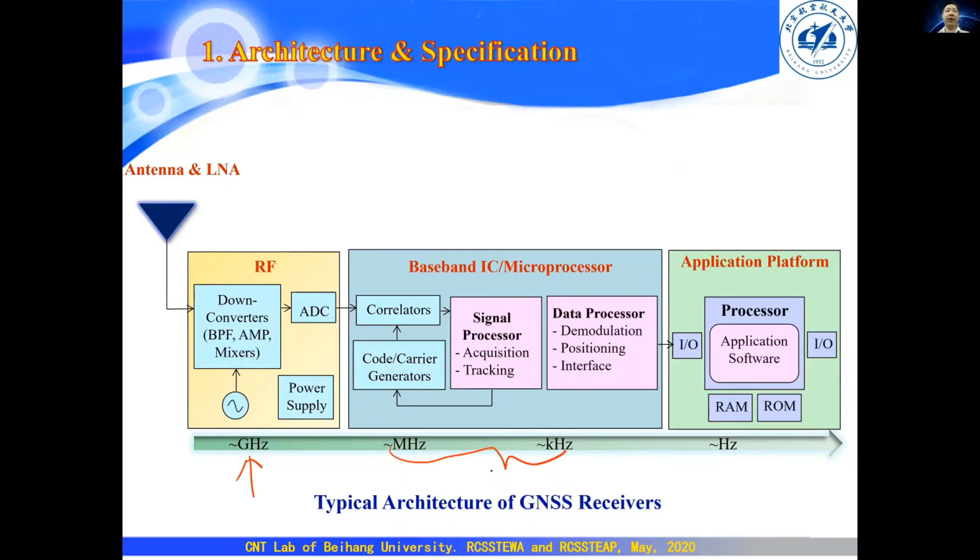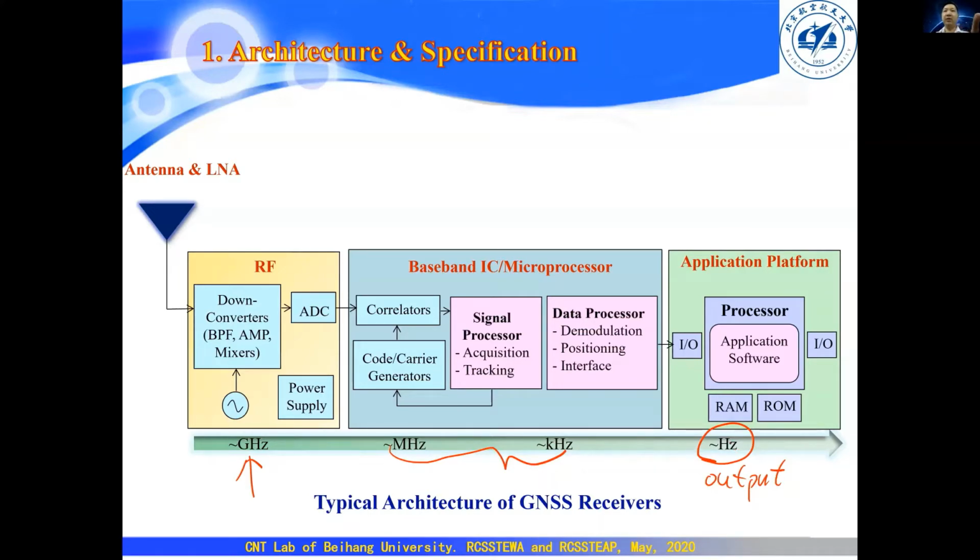Commonly, when you buy a cell phone, the signal processing part is inside the cell phone. The last part is application platforms, which gives the results to your processor. It commonly gives output at the hertz level. So this is typically the architecture of a receiver.